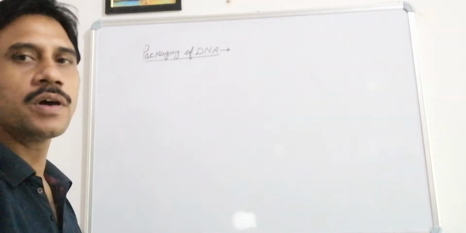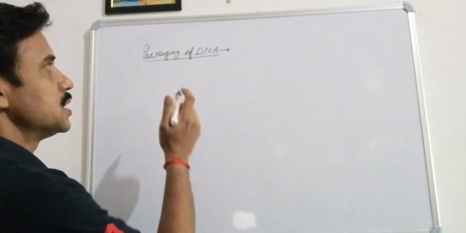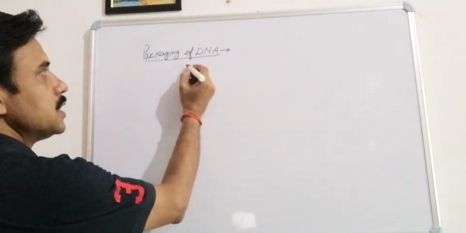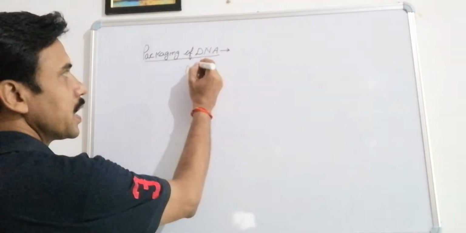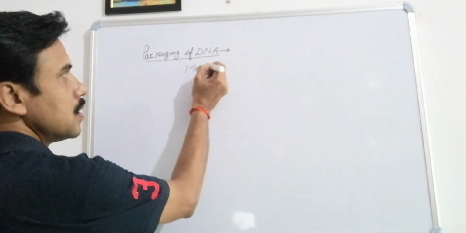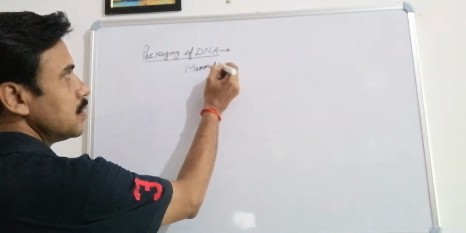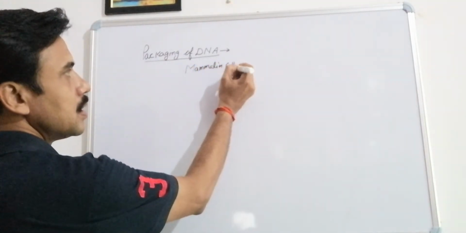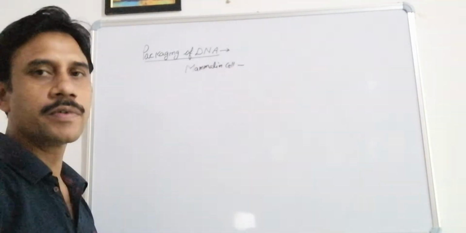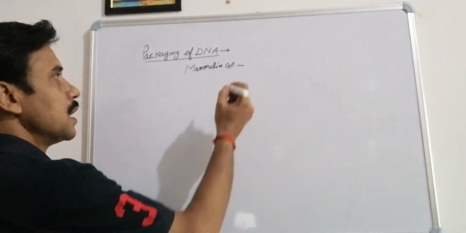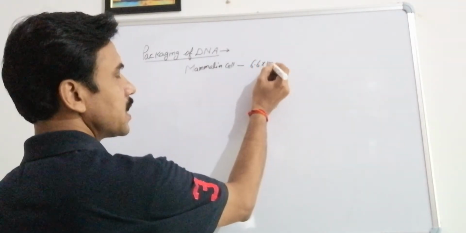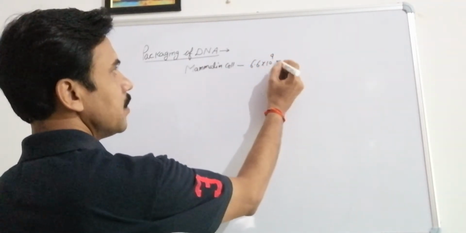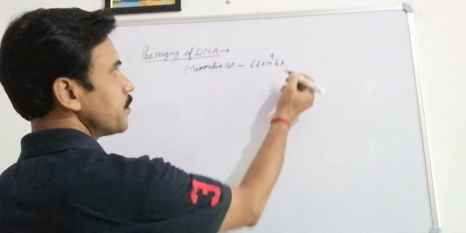If we do the calculations in the case of a mammalian cell, that is in mammals or human beings, and we consider the human cell, the length of our genome is 6.6 into 10 raised to power 9 base pairs.